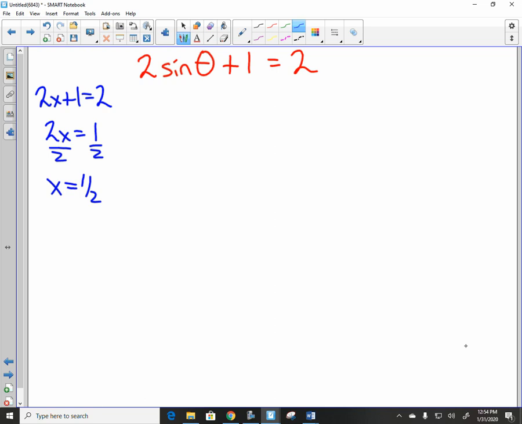Okay. We can do the same thing with equations like this. It's just that instead of an x, we have this sine of theta. And so in this situation, we will subtract 1 from both sides. And when we do, we get 2 sine of theta is equal to 1.